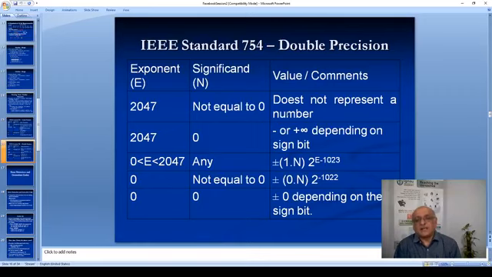This is 64 bits, quadruple will be 128 bits, and then there will be a 256-bit representation.